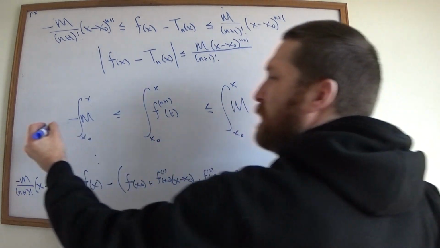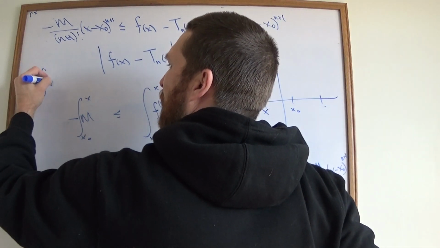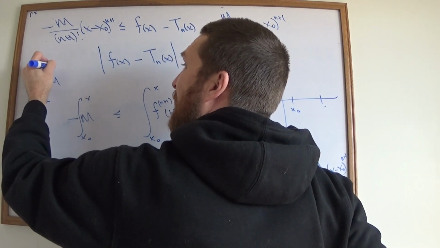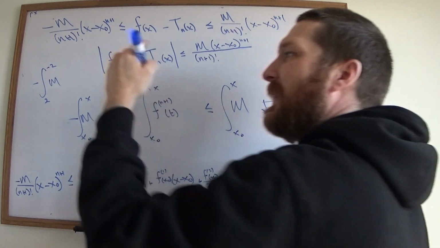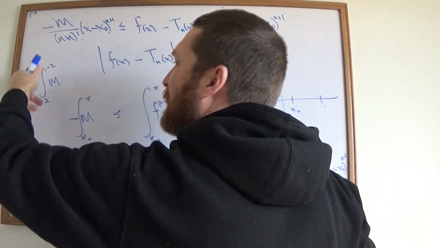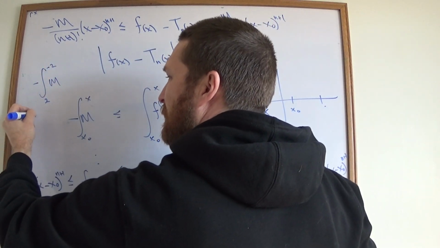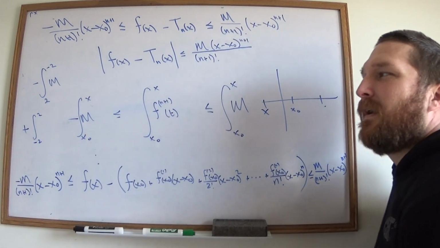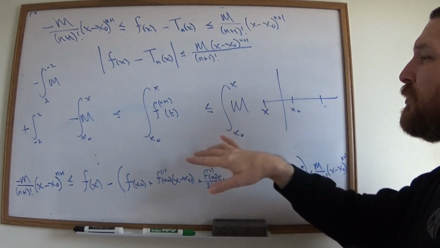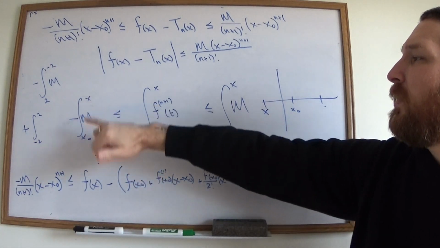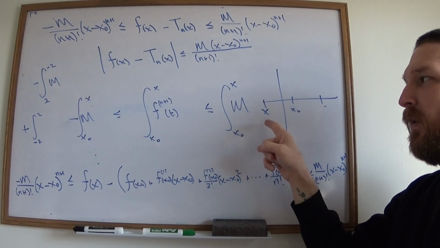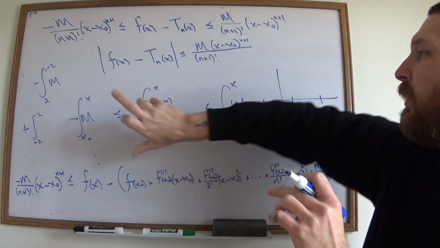So like, if you integrate, you have negative M, and you go from 2 up to negative 2, that's the same thing as flipping them and making it positive, right? Negative 2 up to 2. And so we assumed that x was smaller, but if it had been the case that I chose an x over here, I would have had to have flipped all of them.